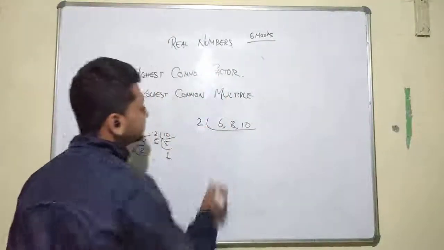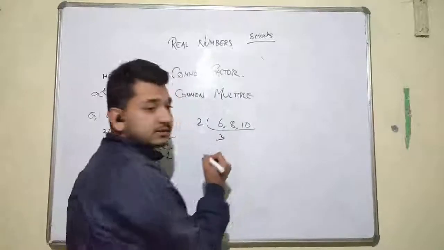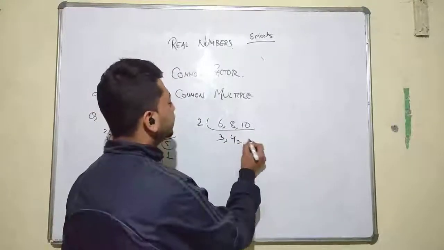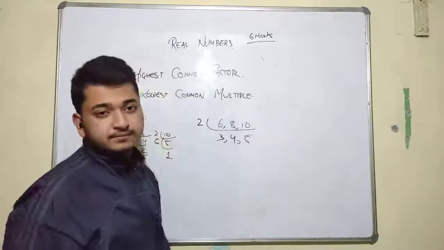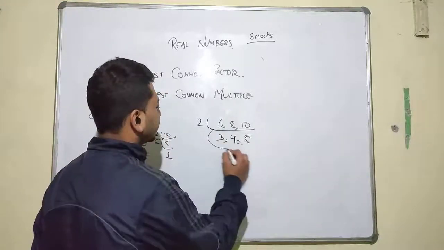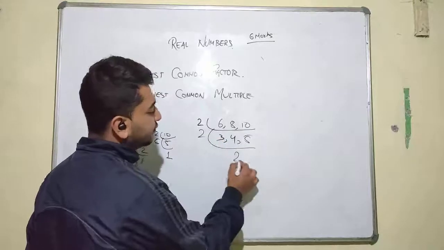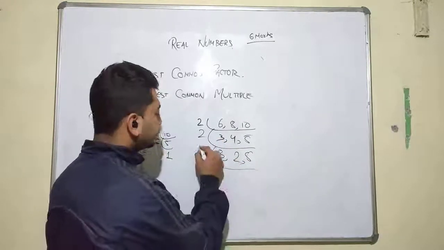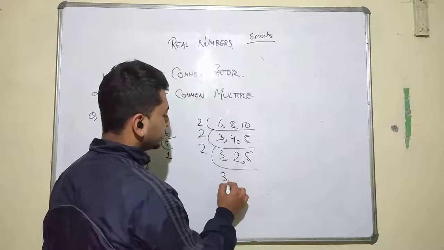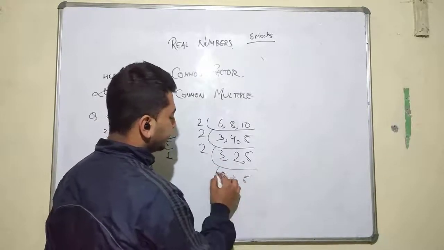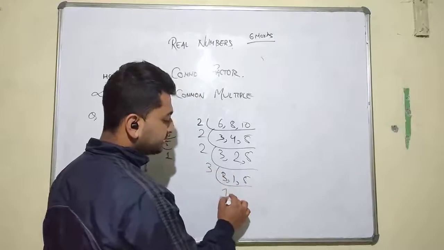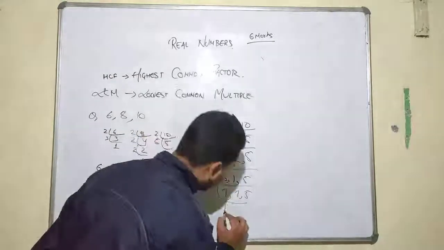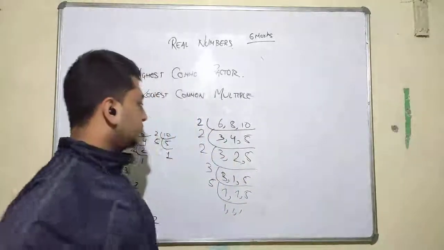So 2 times 3 is 6, 2 times 4 is 8, 2 times 5 is 10, right? 2 times 2 is 4, 2 times 1 is 2, 3 times 1 is 3, 5 times 1 is 5. So it is done.